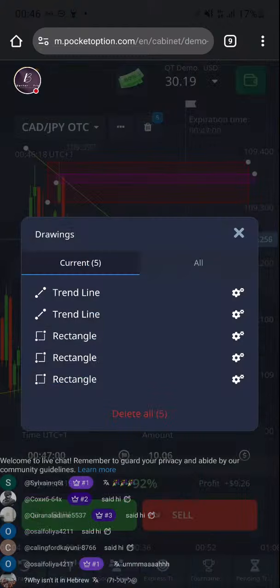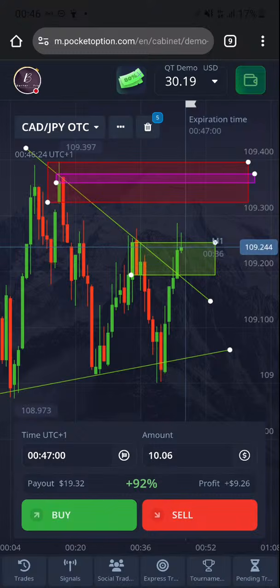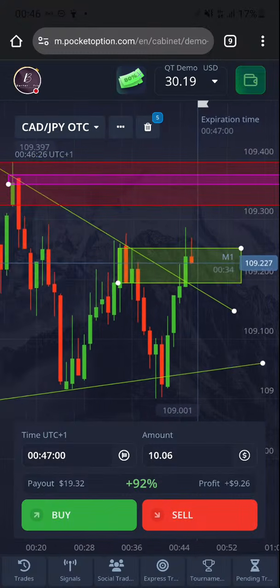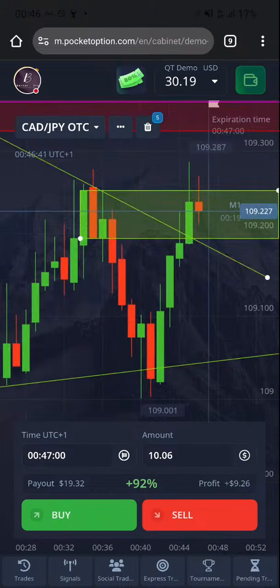Why isn't it in Hebrew? Is it a name? Oh, we could have gone with this fifth candle theory, but you know what? I can't really trust it because of this momentum. You understand? And we have a double bottom also. So if there's anything, we should actually be going with buyers here.